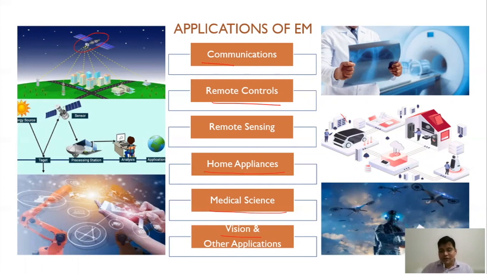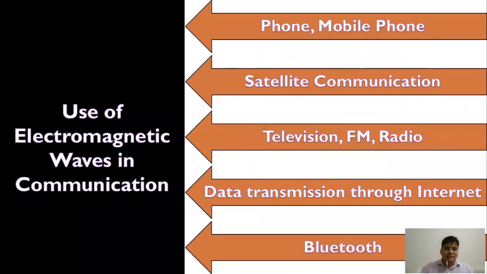So let's start with communication. What is exactly communication? Someone wants to send a signal or some information or some message from one point to another point. That is communication. We are transferring some information from someone to another, or from some point to another point.